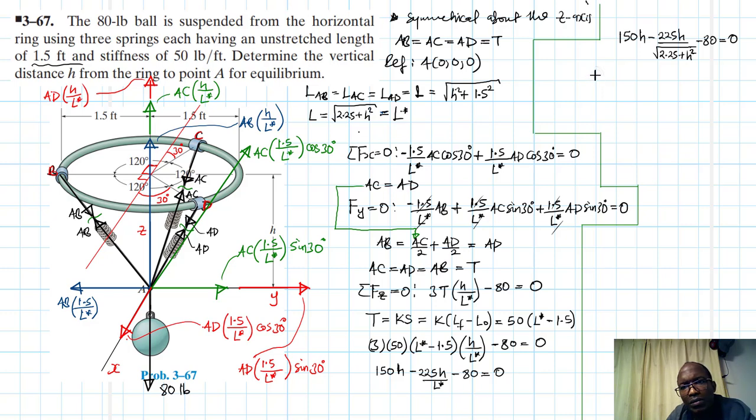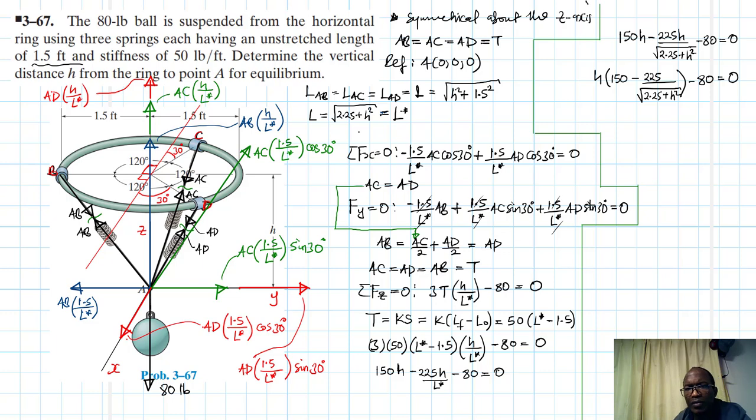We factor out h, then this becomes h times 150 minus 225 divided by the root of 2.25 plus h squared, minus 80 equal to 0.